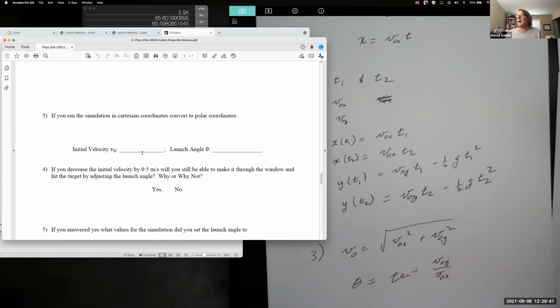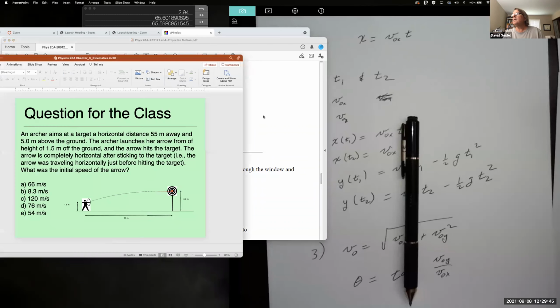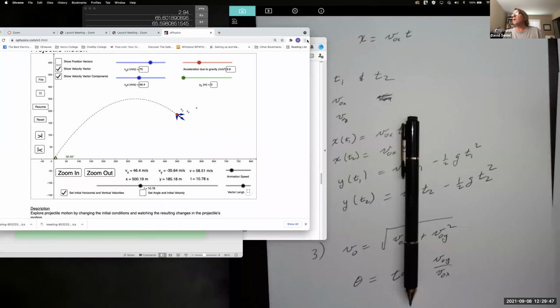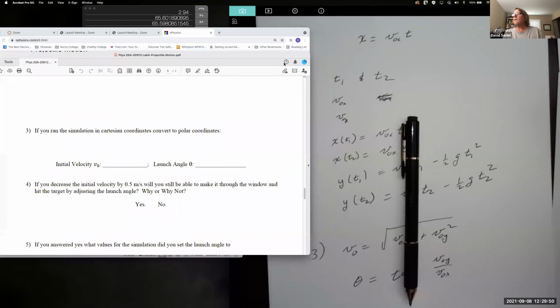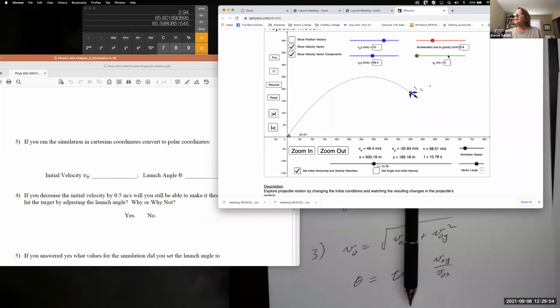Now, at that point, you're going to go into here. Once you go in here, you're going to switch back to set angle and initial velocity. This has initial velocity and launch angle. And you're going to decrease this. So let's say 83.98 was correct.